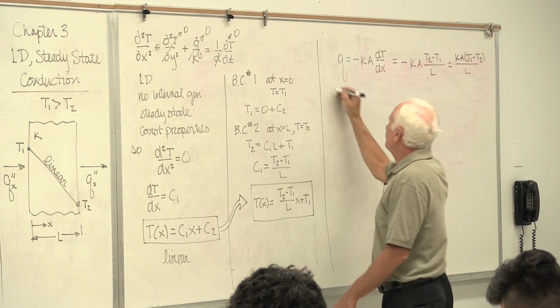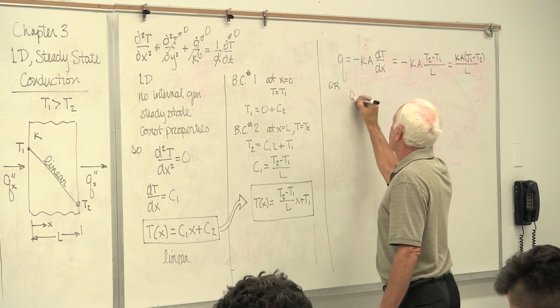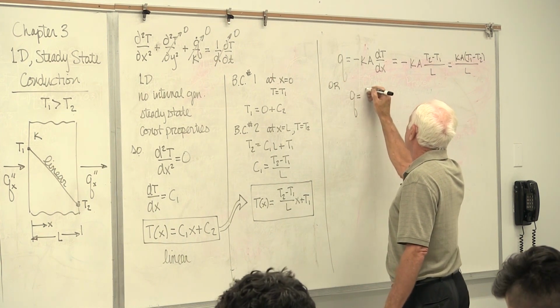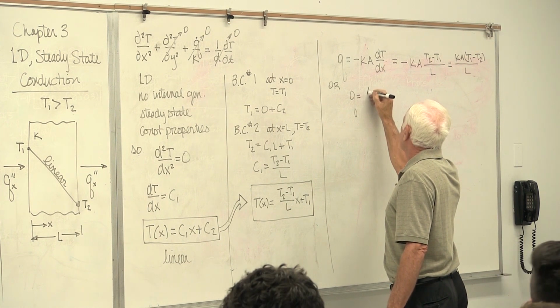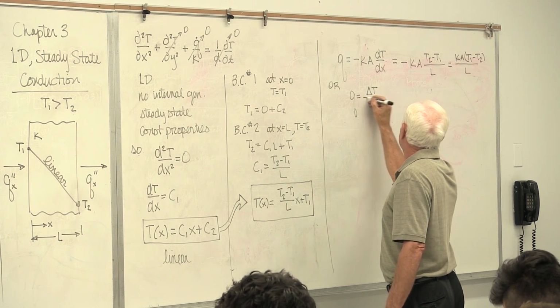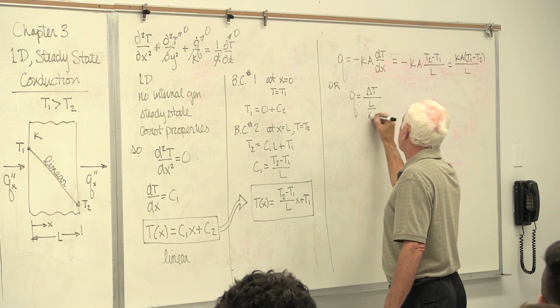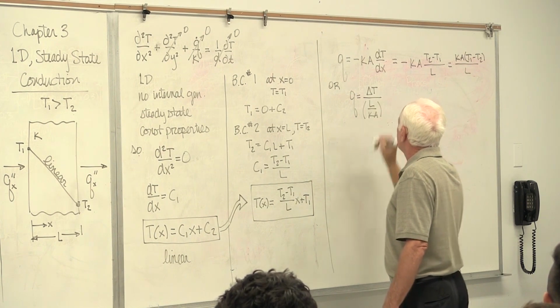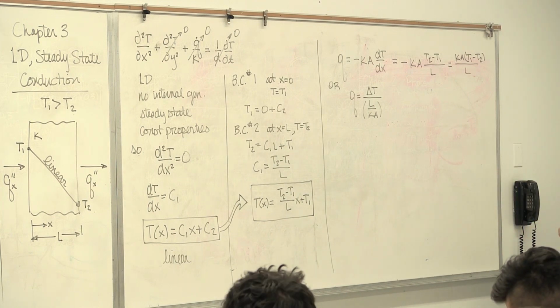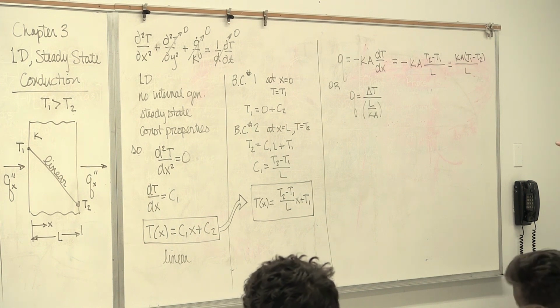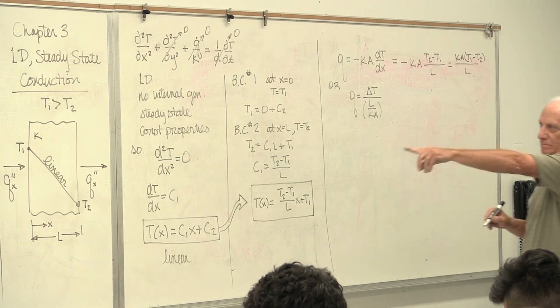I'm going to rewrite it. Delta T is hot minus cold, T1 minus T2. That's the heat flow for that problem there.